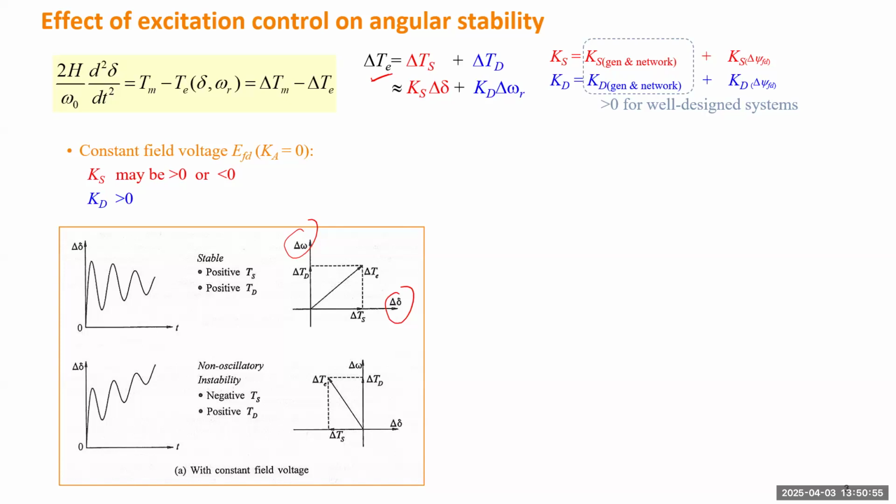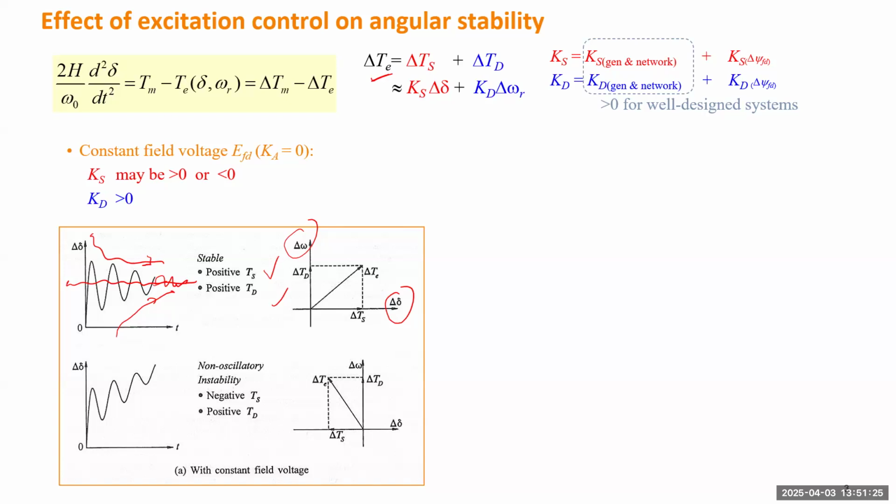So if you have both positive, a stable waveform of a generator will look like this one. By stable, it means it finally will go to some new equilibrium point. It will get closer, and the amplitude is declining. It will have positive damping. So you have positive synchronizing torque and positive damping torque.